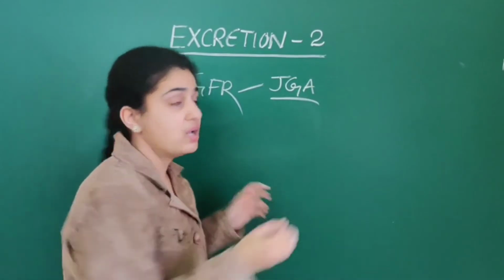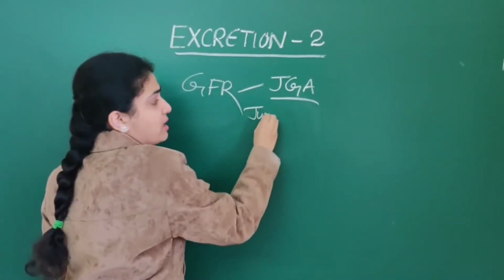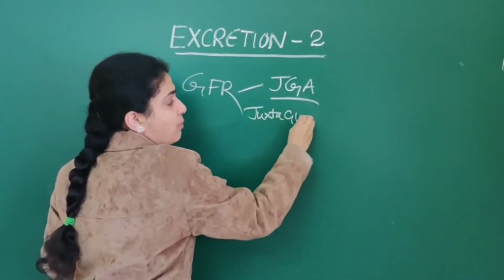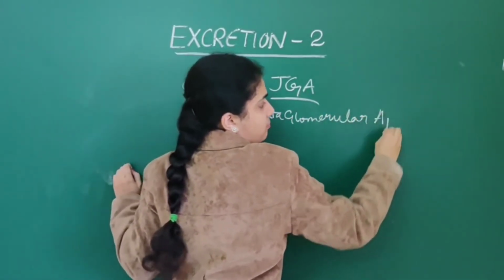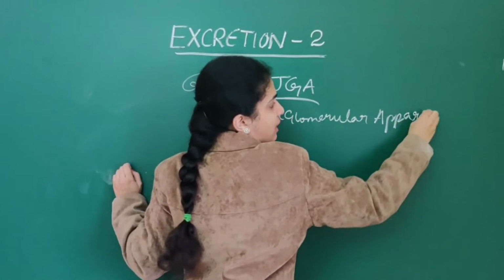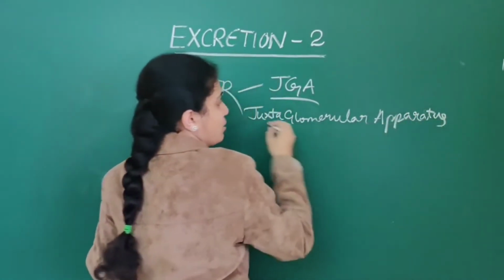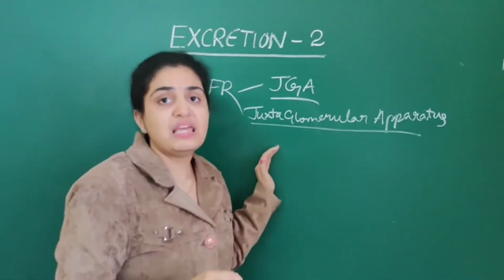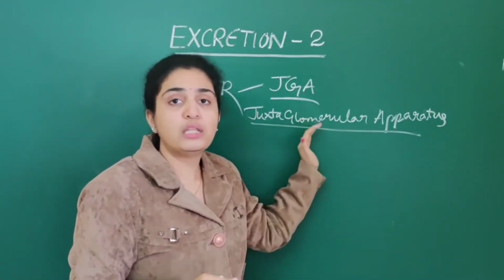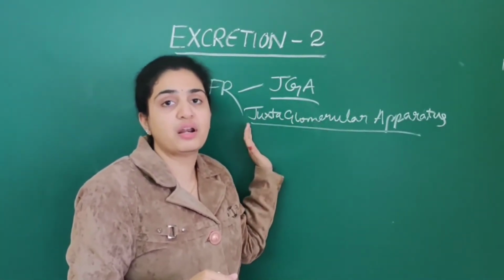JGA means what? Juxtaglomerular apparatus. This juxtaglomerular apparatus plays a very important role in the regulation of GFR.